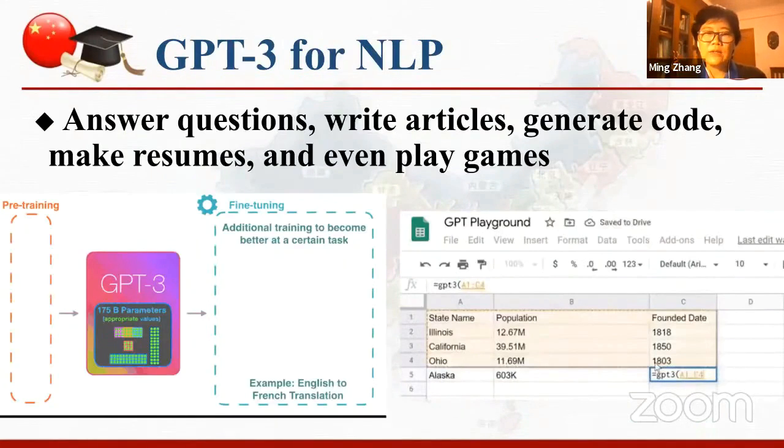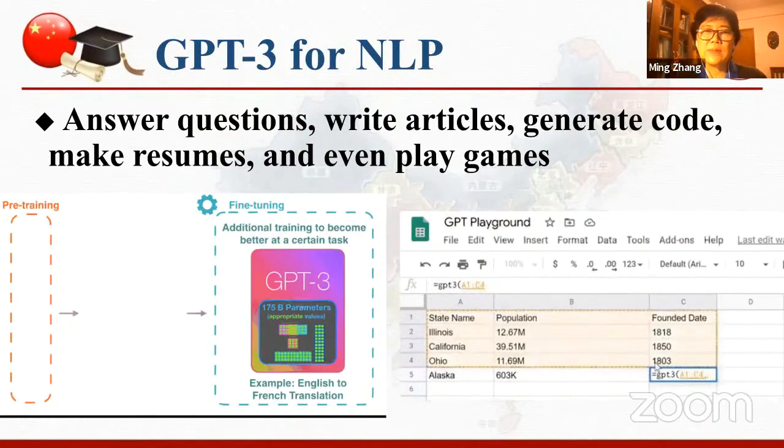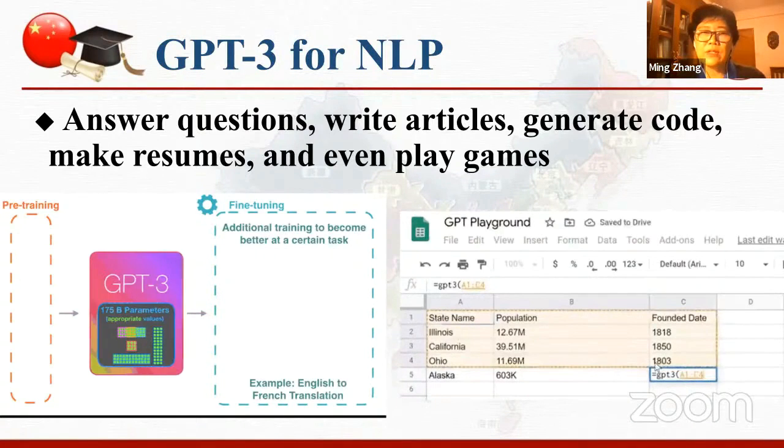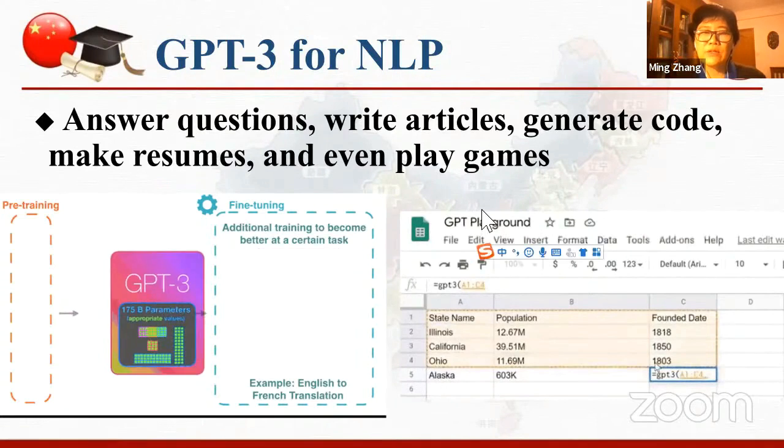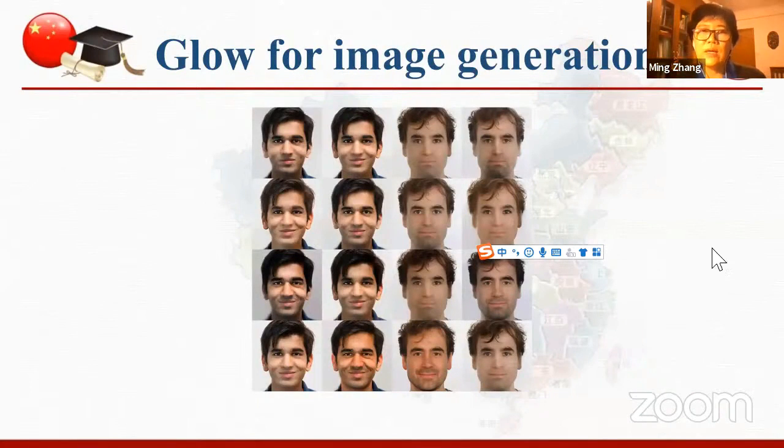And nowadays, we know that GPT-3 is a very good generation model for NLP, and it can do a lot of amazing things. That's very creative. And we know that also GLOW for image generation becomes better and better.